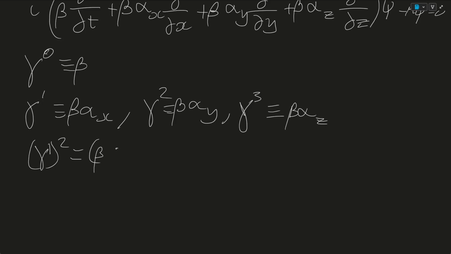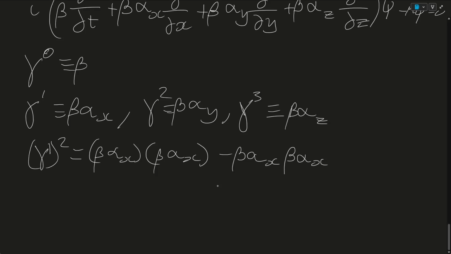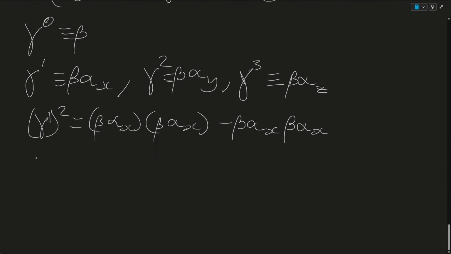So we can sub it in: alpha sub x beta alpha sub x minus beta alpha sub x beta alpha sub x. And we have our anti-commutation to say that alpha sub x beta is equal to minus beta alpha sub x.